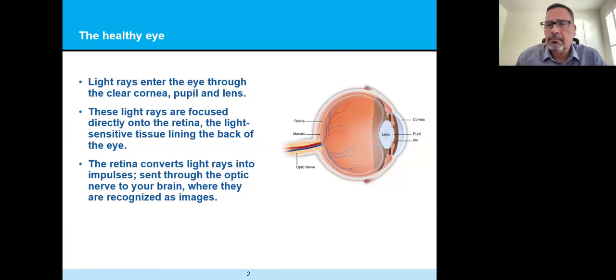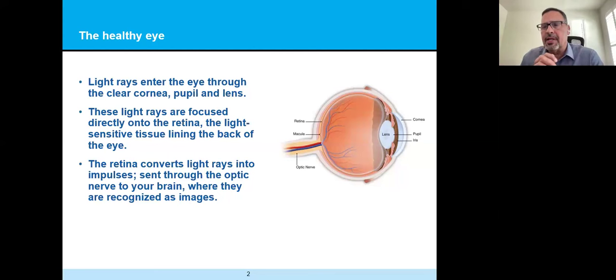It's important to understand that many of the conditions that affect the vision in relation to Parkinson's can also be seen with aging. So it's important to differentiate between the two. The lens of the eye, in the front of the eye, can turn cloudy over time, and that we call a cataract, and that can affect the vision.